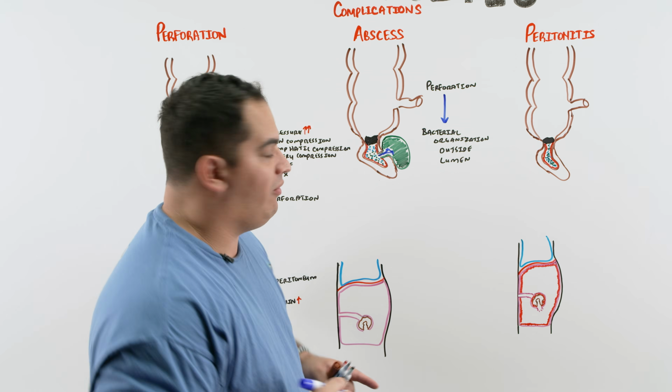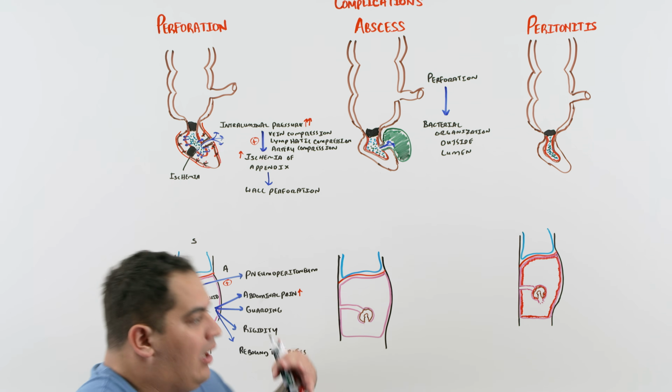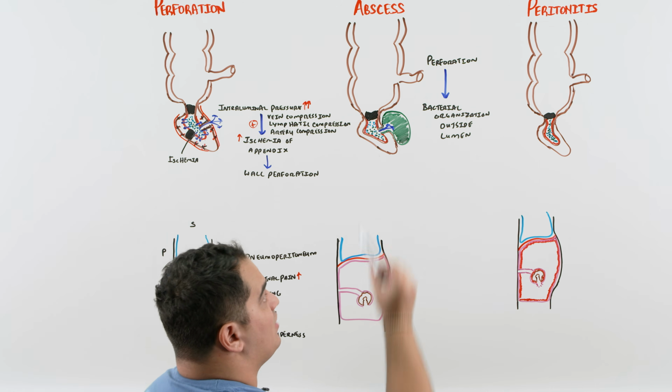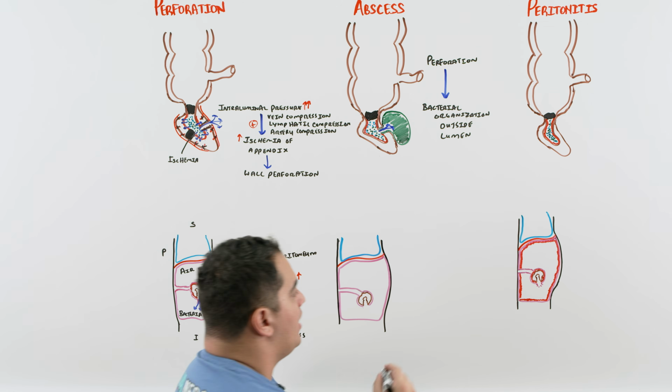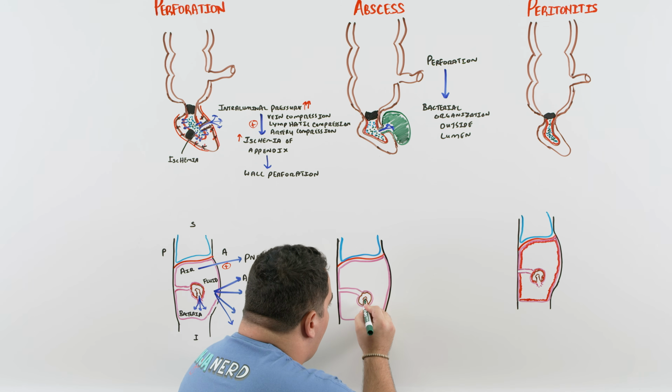What are some of the potential findings that you'll see with these patient populations? When a patient has an abscess, again, they could come in with that right lower quadrant pain. Sometimes this is really difficult to identify. Bacteria comes out into this peritoneal area and decides to wall itself off here.